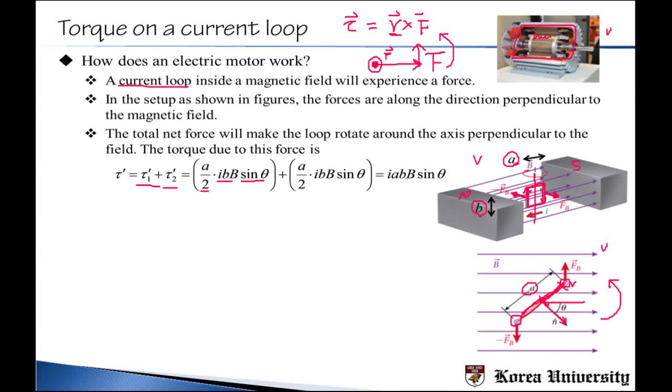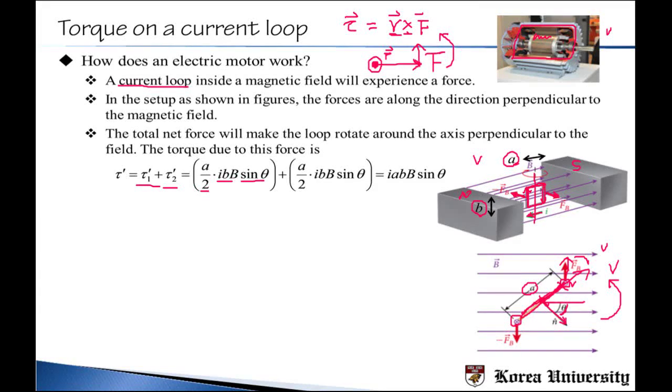Why do we need sine theta? Because torque is the cross product of R and F, so we need the angle between these two vectors. Given this example, what is the angle between this R vector and the force vector? This angle is actually the same angle as this, which is theta. That's why you have sine theta.